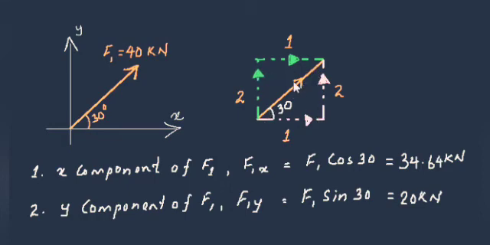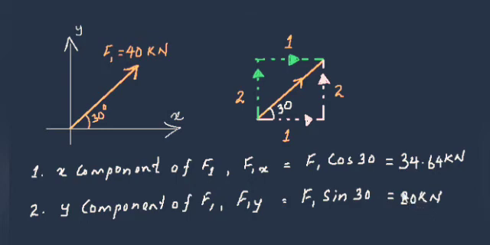So in this figure, the x component of the force, that is 1, F1x, is F1 cos 30, which is 40 into cos 30, 34.64 kilonewton, and the y component shown as 2 is F1 sin 30, that is 20 kilonewton. You can check it by yourself.